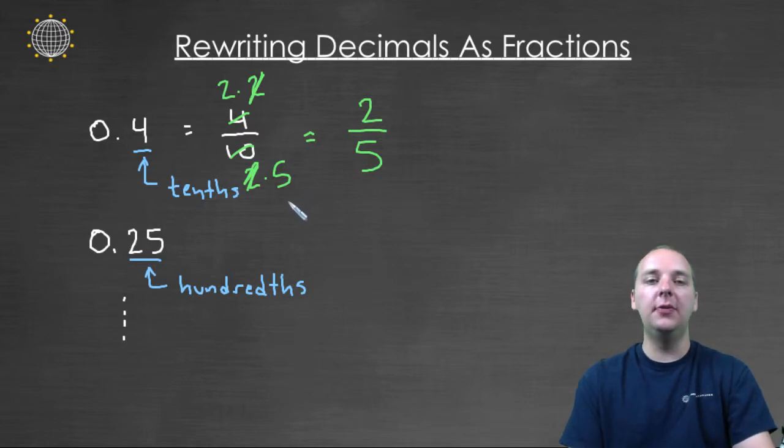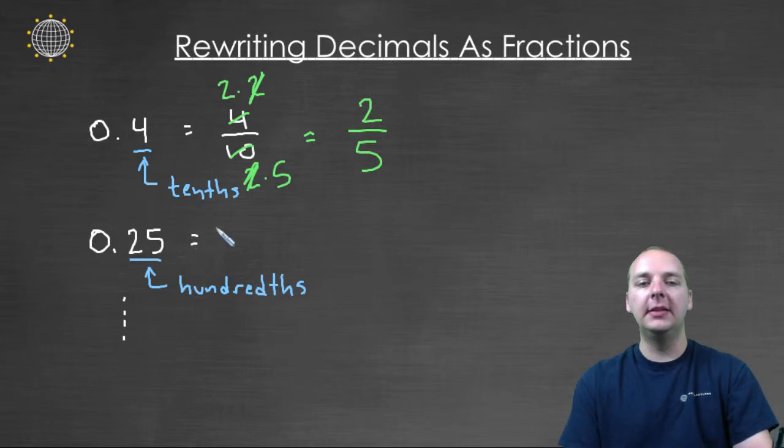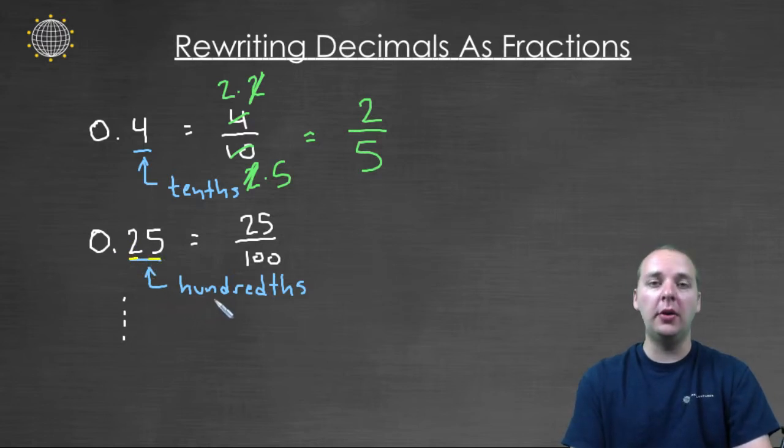And you can do this even if it goes beyond the tenths spot. For example, 0.25. This literally is 25 out of 100. And the reason this goes out to 100 as opposed to 10 is it goes out to the hundredths spot, which would require us to divide by 100 instead of 10.